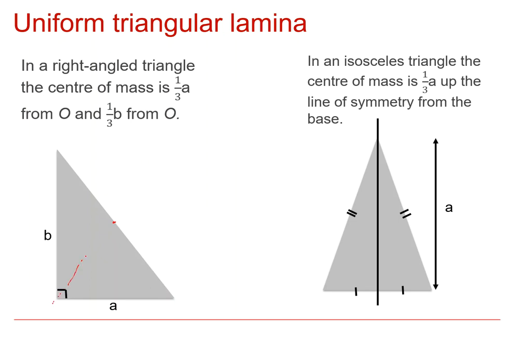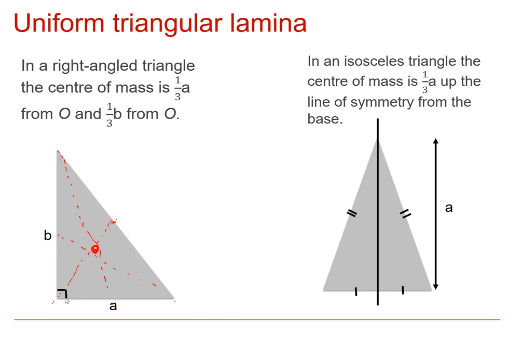The centre of mass is going to lie 1/3 of the way along this line from here, and 1/3 of the way along this line from here, or 1/3 of the way along this line from there. So it's there. Okay, so it's 1/3 of the way up the triangle from the base, and it's 1/3 of the way along the triangle from that left hand side.